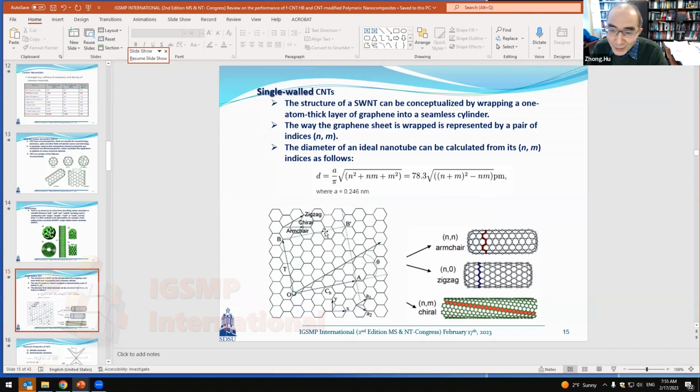We have two vectors to define the rolling of the graphene into the carbon nanotube. And another one you can see, this is a zigzag, we call it. And in between, we call it the chiral carbon nanotube. The first one is the armchair, the second one is zigzag, and between them at other angles, that's what we call the chiral carbon nanotube. But each one has different properties.